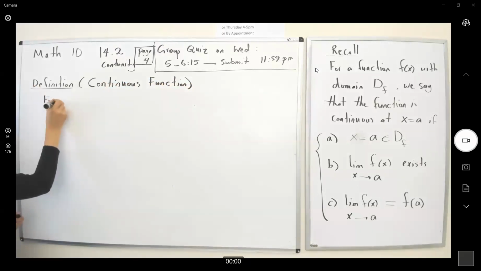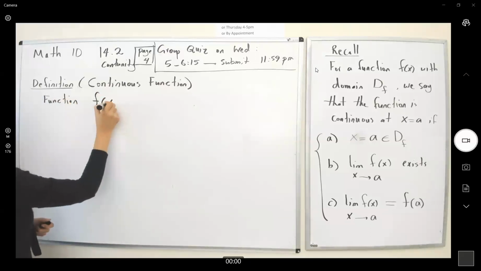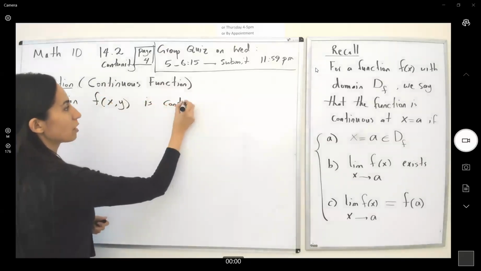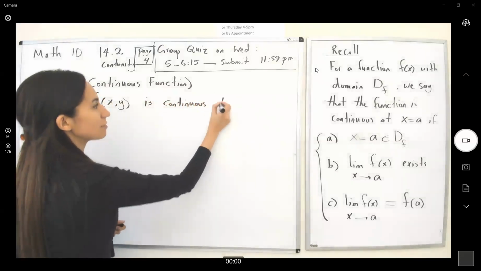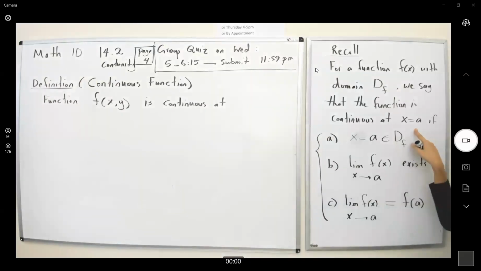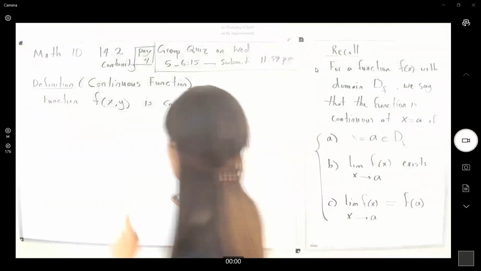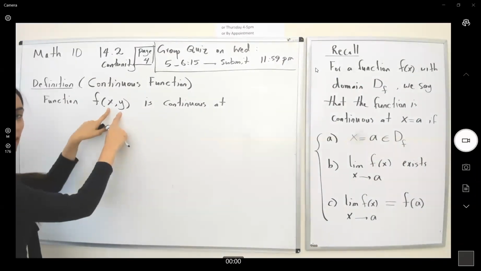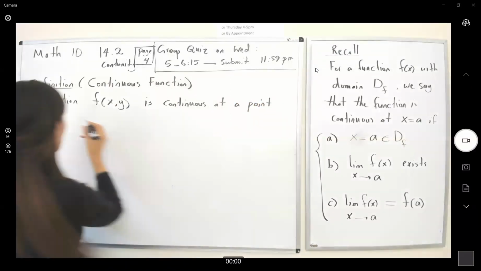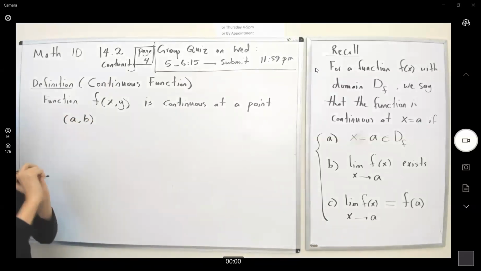A function in 2 variables, like f of x and y, is continuous at a point. Remember that in one variable you only work with x, one coordinate. Here you have 2 numbers, a point, like a and b. So your x is a, your y is b.